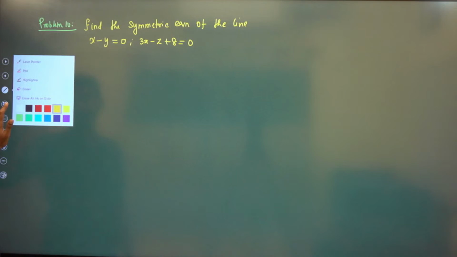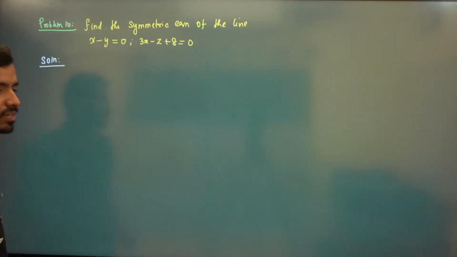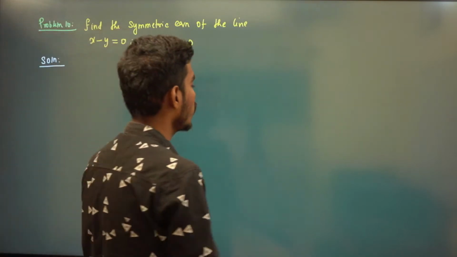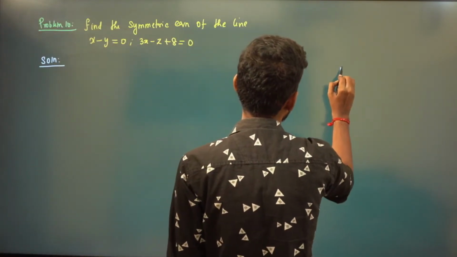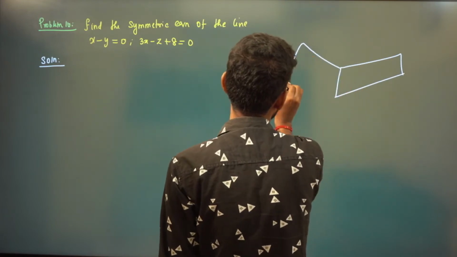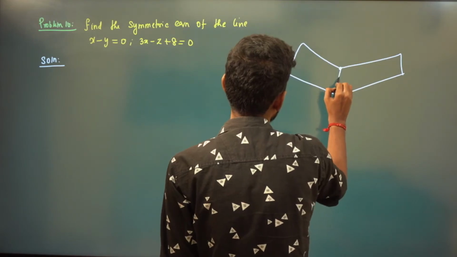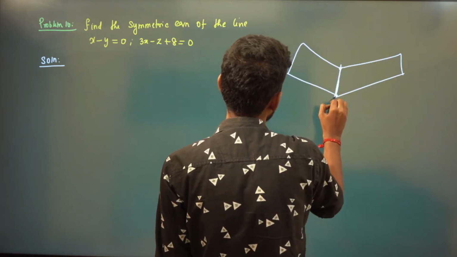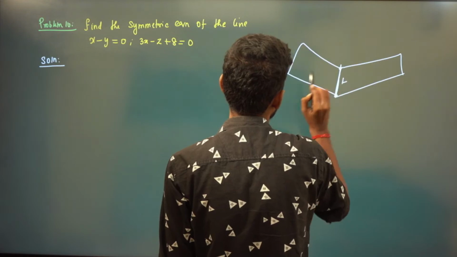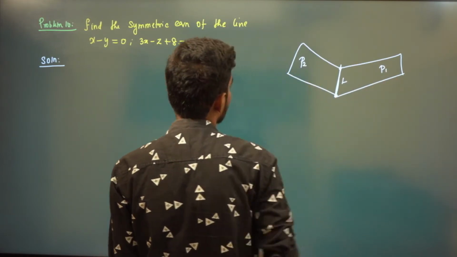Very easy, very easy. See, you just draw the diagram and everything will follow very easily. So you have two planes, right? This is the line we're going to find in symmetrical form. This is our P1 and this is our P2.